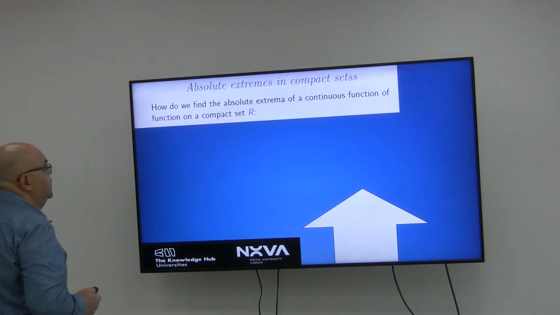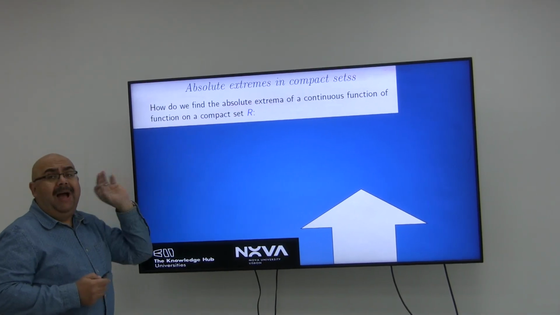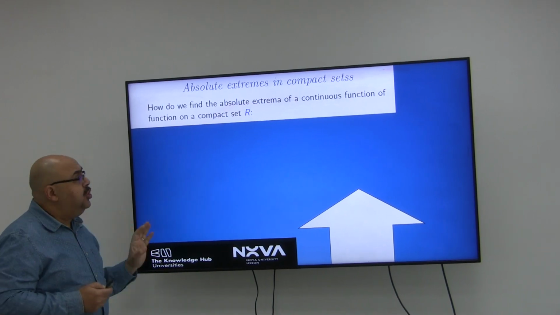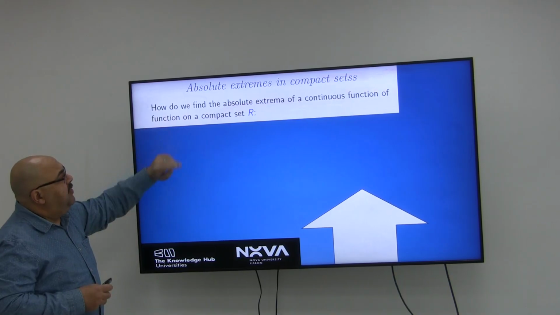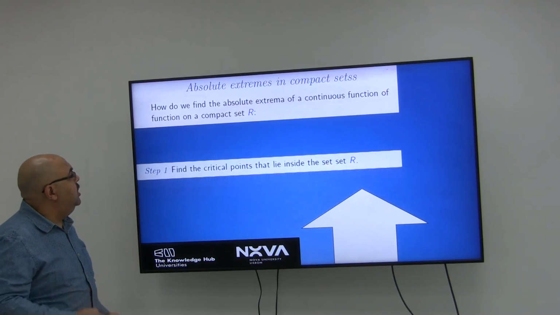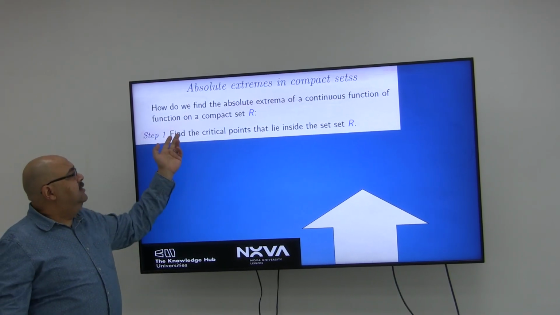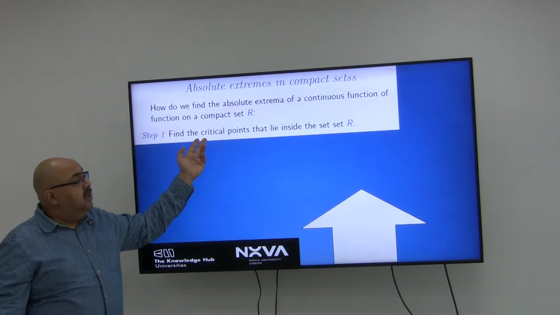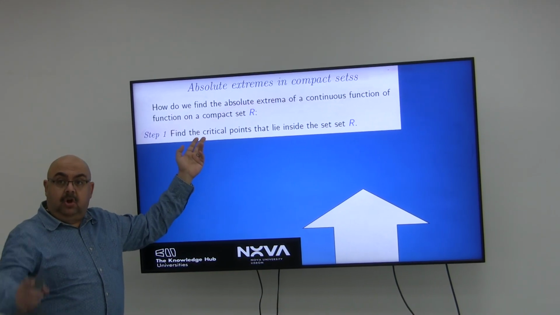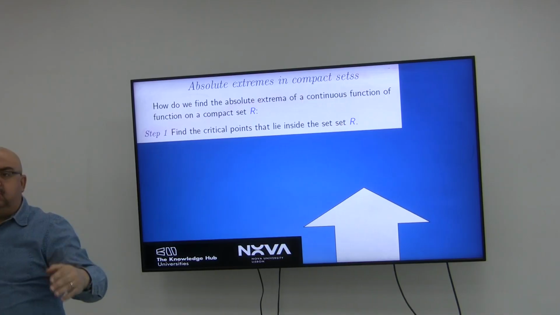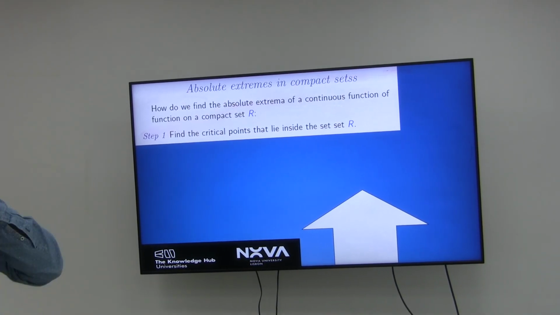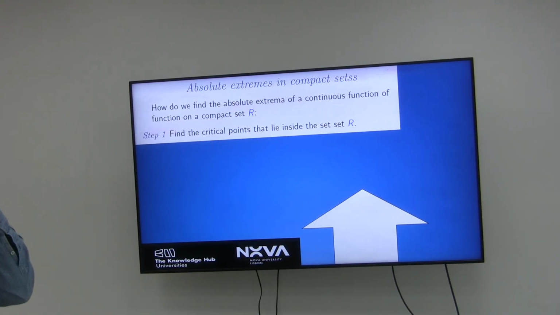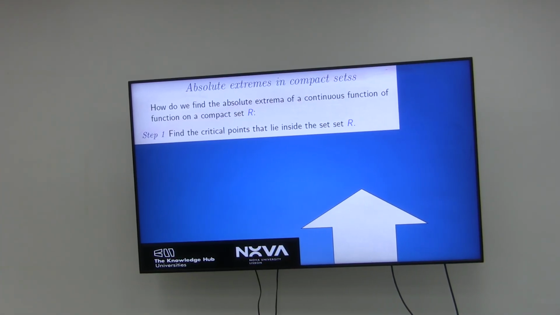In this slide, it will explain to you how to find your extreme points in a compact set. So how do you find the absolute extrema of a continuous function in a compact set? First, find the critical points that lie inside the set, in which I take the first order derivative, make it equal to 0, get the second order derivative, and evaluate the determinant of the Hessian matrix according to the previous steps.